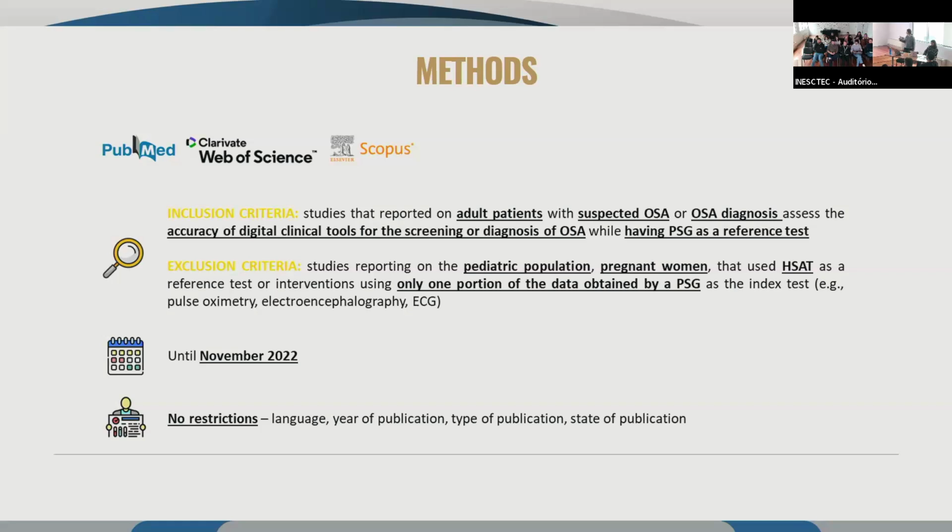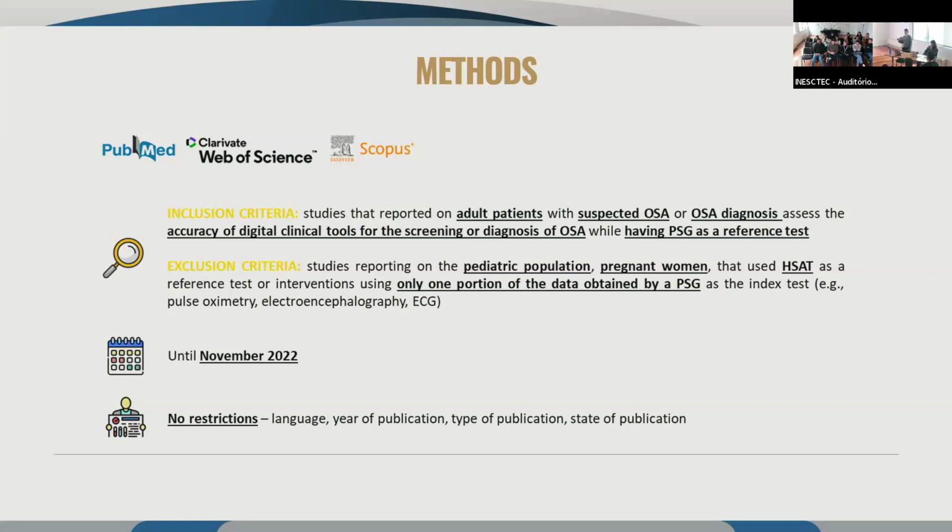And then, as you can see, we created the criteria for inclusion and exclusion. We only focused on adults suspected of having the disease or already diagnosed with it. And then we checked the accuracy of these digital tools for screening or diagnosis, having the gold standard as reference.